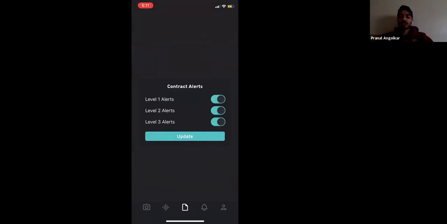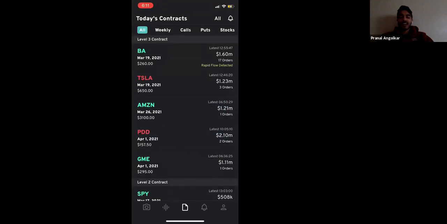Whenever contract alerts come in, I have it for all 3, but I can set those pretty easily, and then get those push notifications directly to my phone. So everything's super easy.